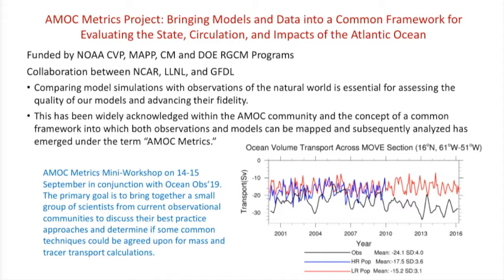We did the same thing for RAPID, and now we moved to the MOVE array. We are now trying to compare exactly the same way, computing the transport however MOVE actually obtains it. There's still a bit of discrepancy, but this is the kind of thing that we are trying to address in this project.